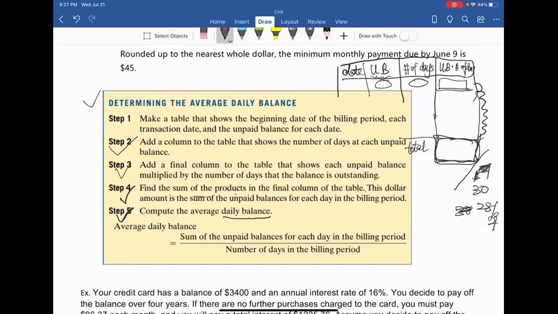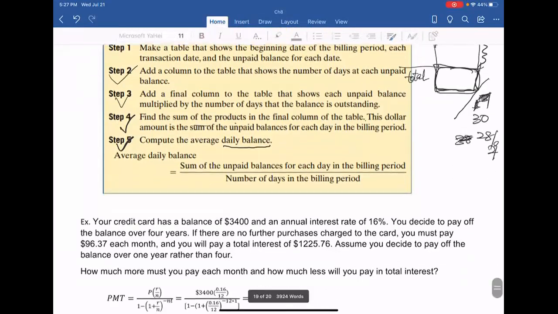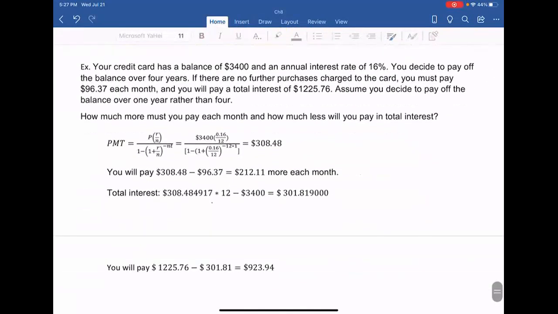Okay, let's move on to another question. The example here: your credit card has a balance of $3,400 and an annual interest rate of 16%. You decide to pay off the balance over 4 years. If there are no further purchases charged to the card, you must pay this amount each month, and you will pay this total interest.